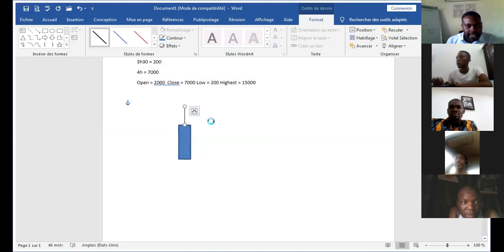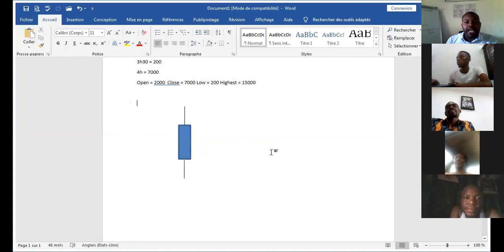So this is our lower wick. Now, that is our candlestick for that price action. Please ignore the color. The color does not matter. What you should know is the open price, the close price, the low, and the high price.